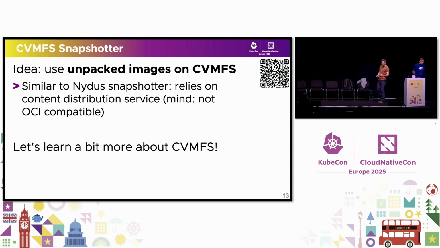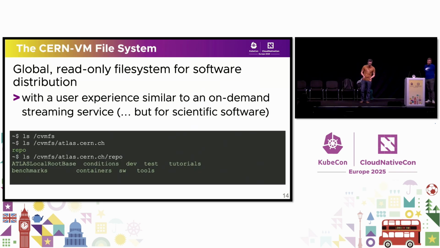So now I'd like to give you a bit more background on what CVMFS is and how we built our own containerd snapshotter. CVMFS is a global read-only file system for software distribution, and at its core, it's really an on-demand streaming service for scientific software. Think like Spotify, but you can download basically all types of scientific software.